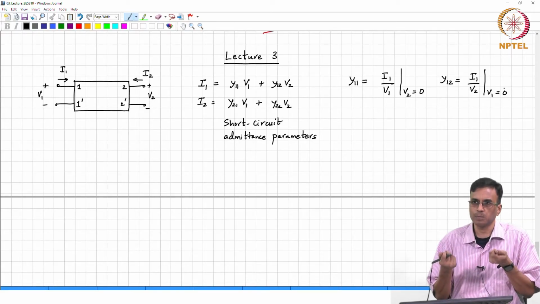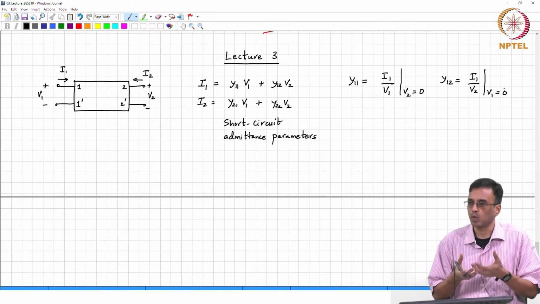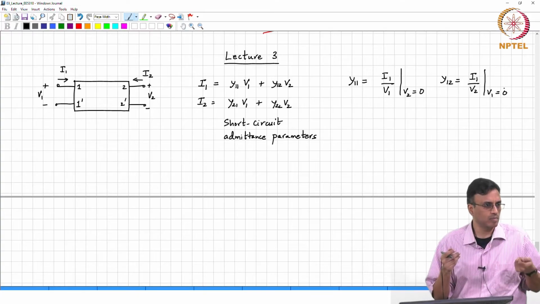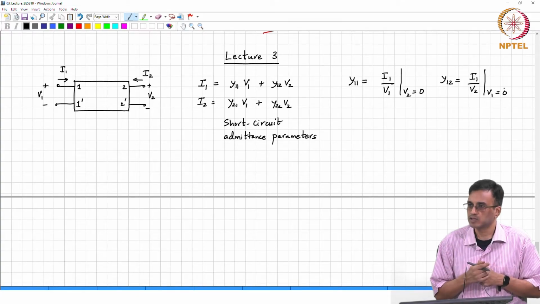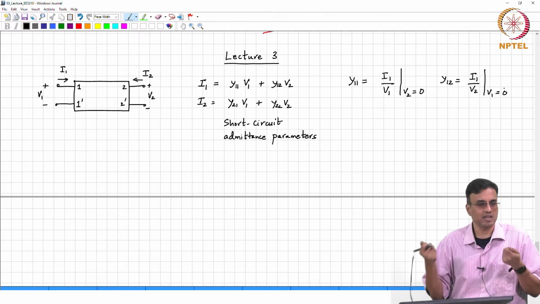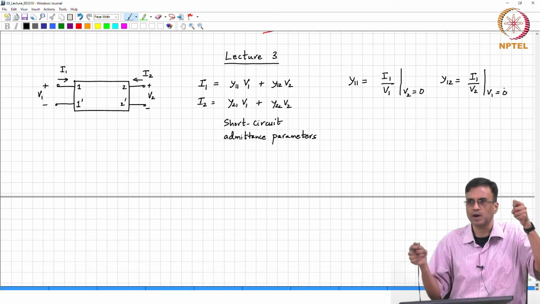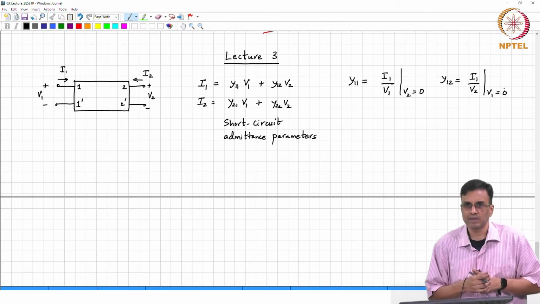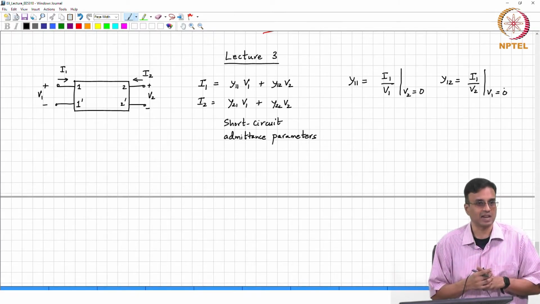If you have a 2 terminal element, what picture will we draw to demonstrate its characteristics? If we further assume that the 2 terminal box is linear, then the characteristics of that box are nothing but you plot I versus V or V versus I. Now, if we want to show these equations graphically, what do you think we will do?